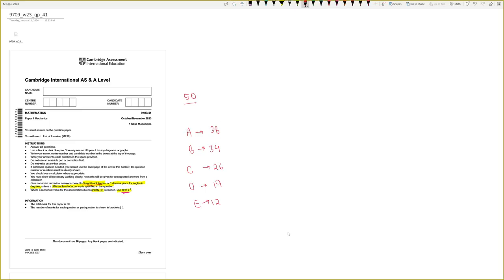Looking at this, for A star, the gap between C and B is too high, honestly. The gap here is 7, then 8, and then 4. So A star should be at around maybe 42 or 43. That's the mark for A star. Okay, so let's start the paper.